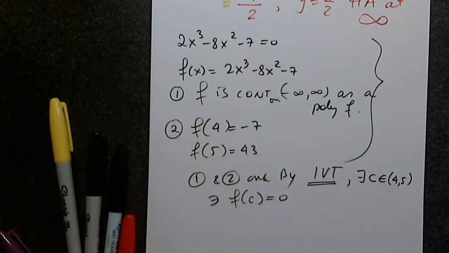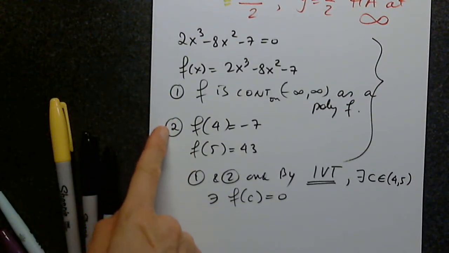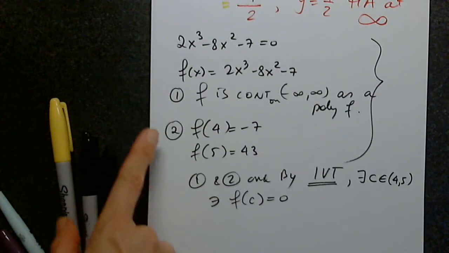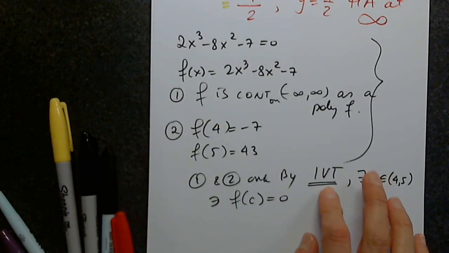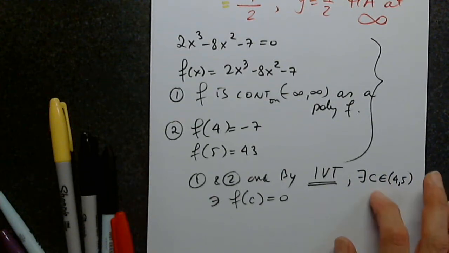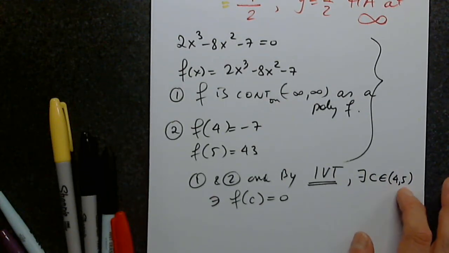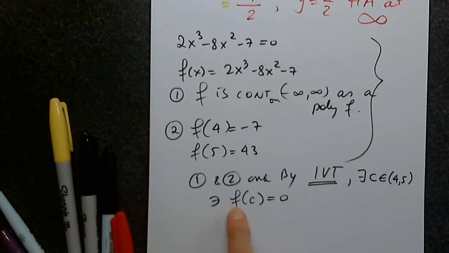If you remember, we said the intermediate value theorem does not solve the equation. It only says, here it is. It's right here between 4 and 5. What's the 1 and 2? The first hypothesis and the second hypothesis, and by the IVT, the intermediate value theorem, there exists a c in the open interval 4, 5 such that f of c is 0.